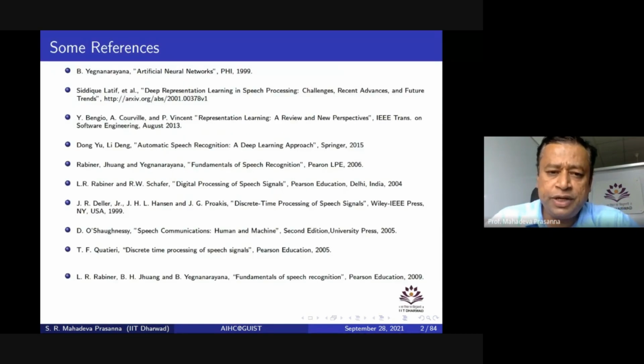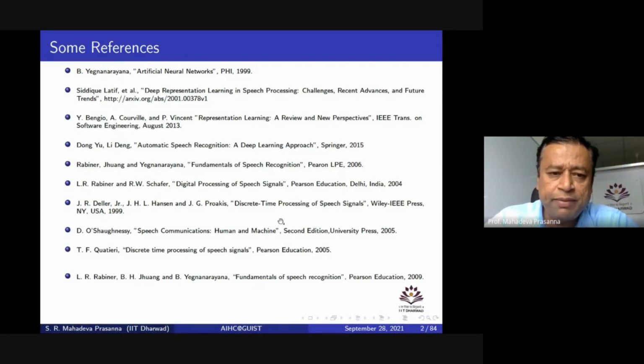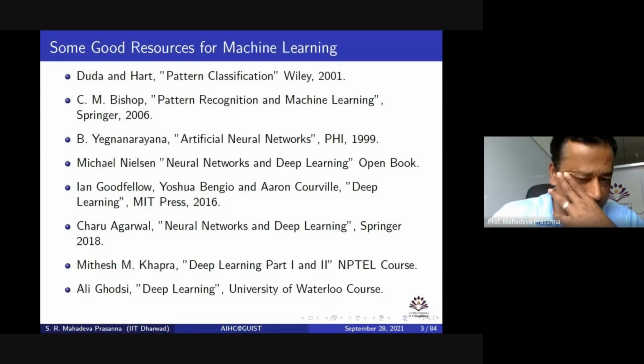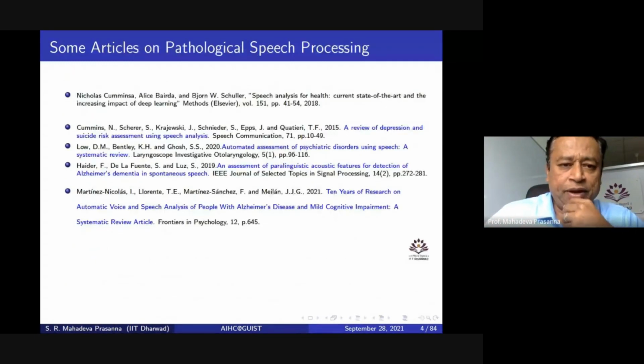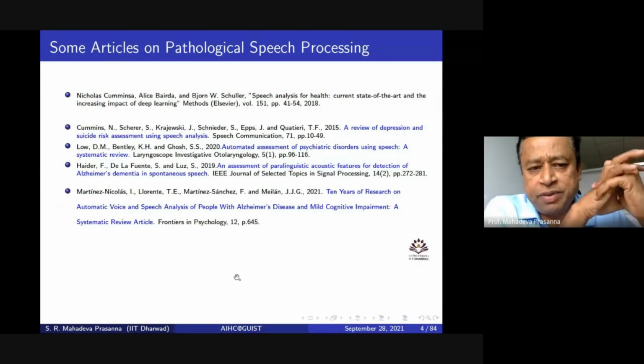Now, these are some of the good references for the speech processing area, essentially nothing to do with the health part. Generally, if you want to get a first feel about the speech processing field, these are the books which are available. And these are some of the good books for machine learning and deep learning, which is standard material. Coming to the articles on pathological speech processing, there are many.